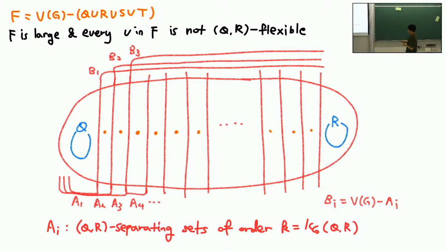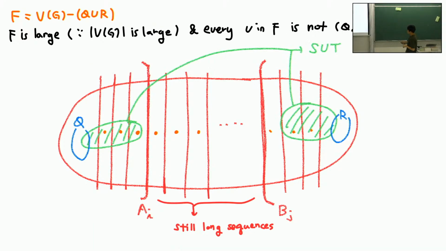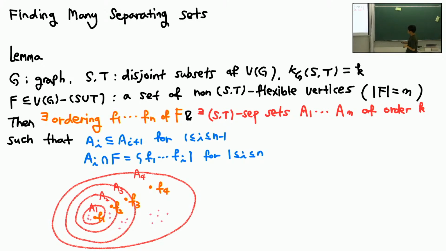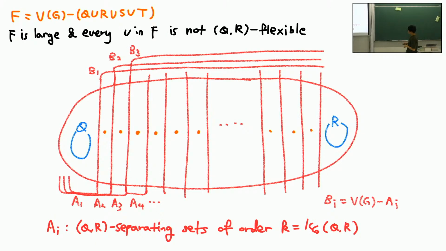Now we go back to the proof of the lemma. We know that F is the complement of Q union R union S union T, and we know that F is large and every vertex of F is not QR flexible and also not ST flexible. Then we want to use the previous lemma and find many separating sets.